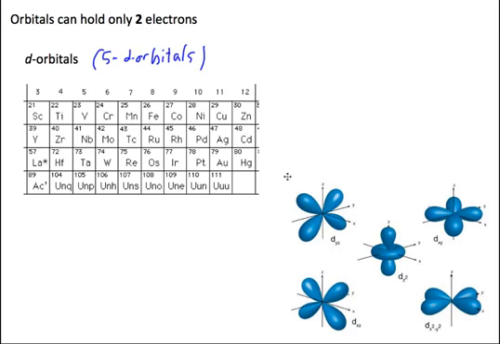Again, each has a different orientation in space, and now they're getting slightly complex in terms of shape, but each one is able to house 2 electrons only. So this is why we have 5 different d orbitals, because we have to be able to put 10 electrons within that d block. And that concludes this quick video on orbitals.